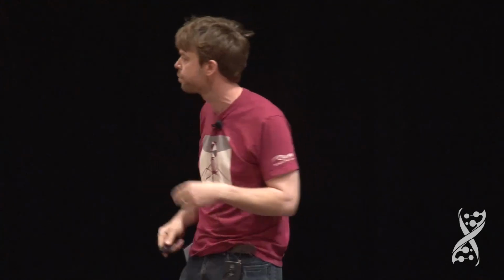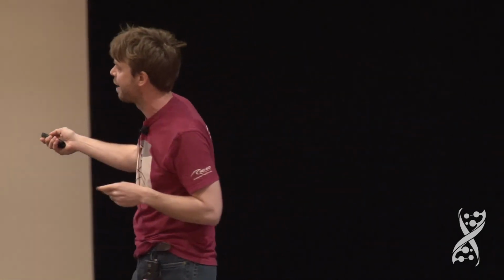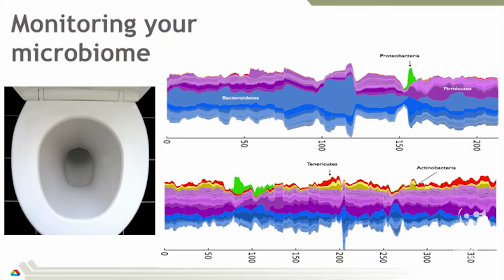This is work from Eric Alm and Lawrence David. It's my last slide. But here Eric, up at the top, and Lawrence, at the bottom, sequenced their microbiome daily from their stool for about a year. The size of the bars is the density per gram of feces. And you can see that Eric on the top is different.